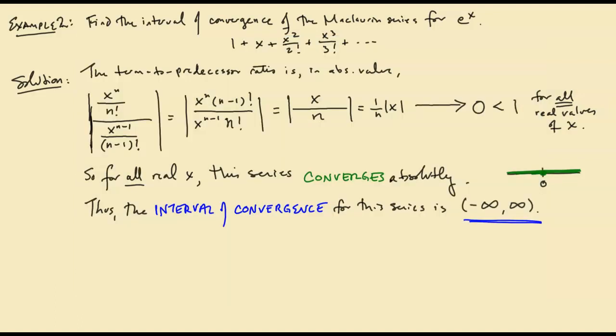This now makes more intuitive sense since we have now seen that the Taylor series for e to the x converges everywhere on the real line and not just on some finite interval. And that is that. Let's do our third and last example.